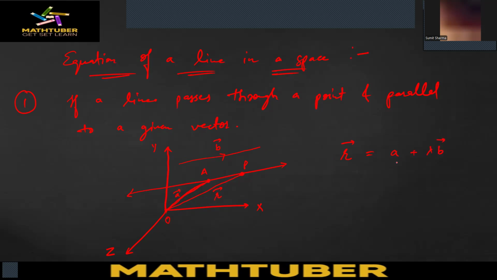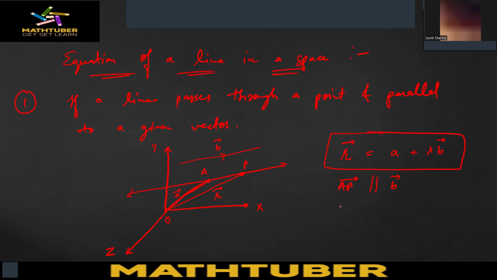Because if this AP vector is parallel, let us say how this will come. So we know that AP vector is parallel to B vector, right? So the direction ratios of AP vector must be proportional to B vector as they are parallel to each other, right?